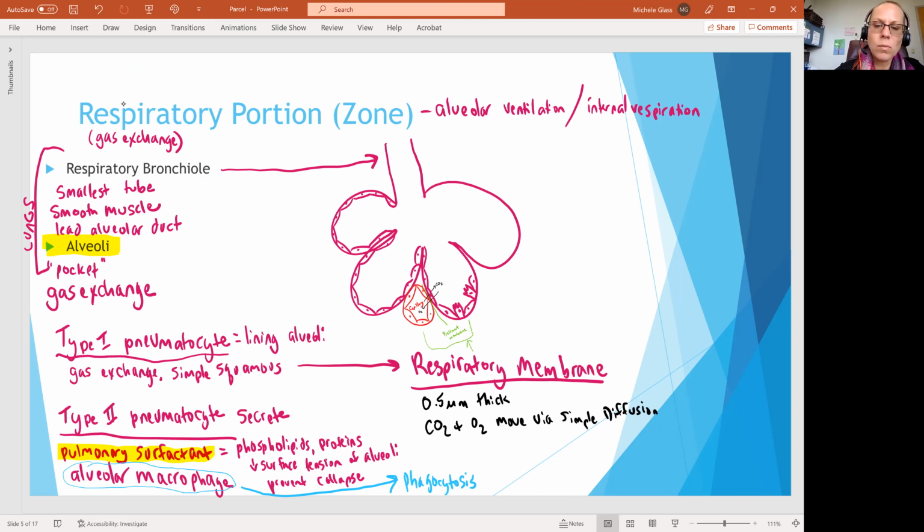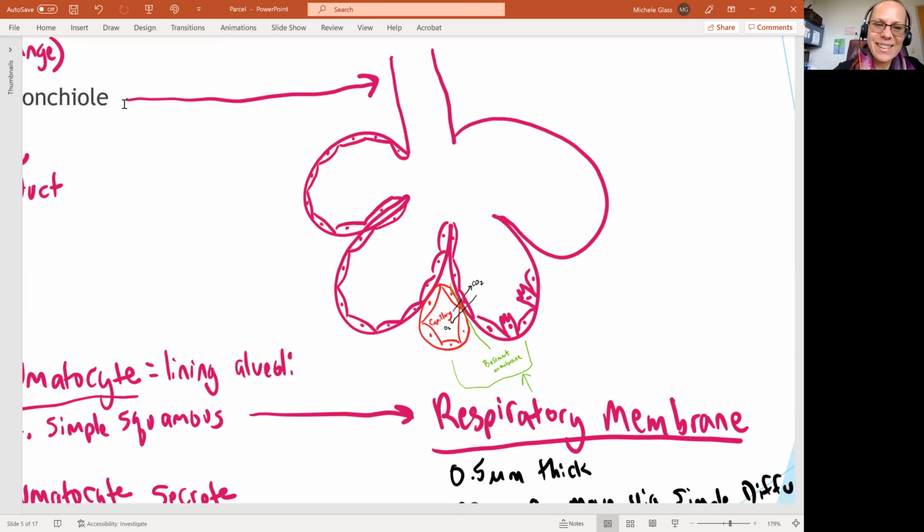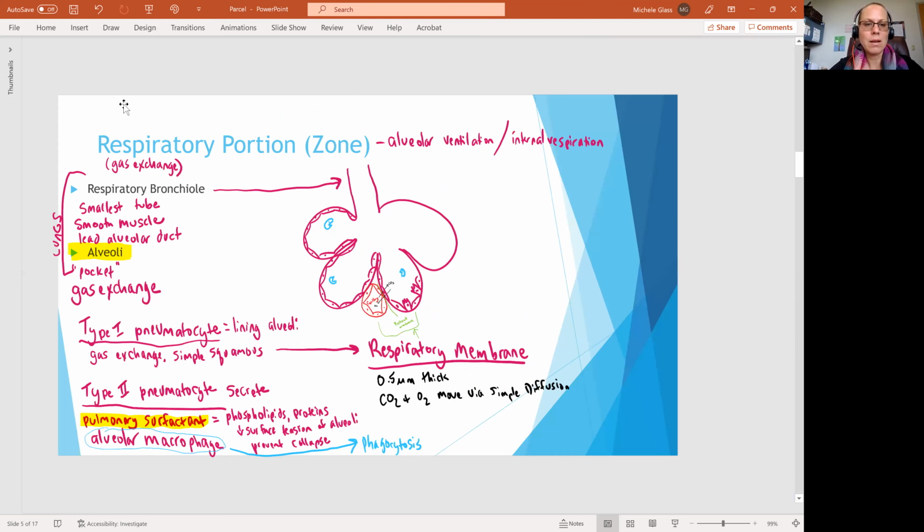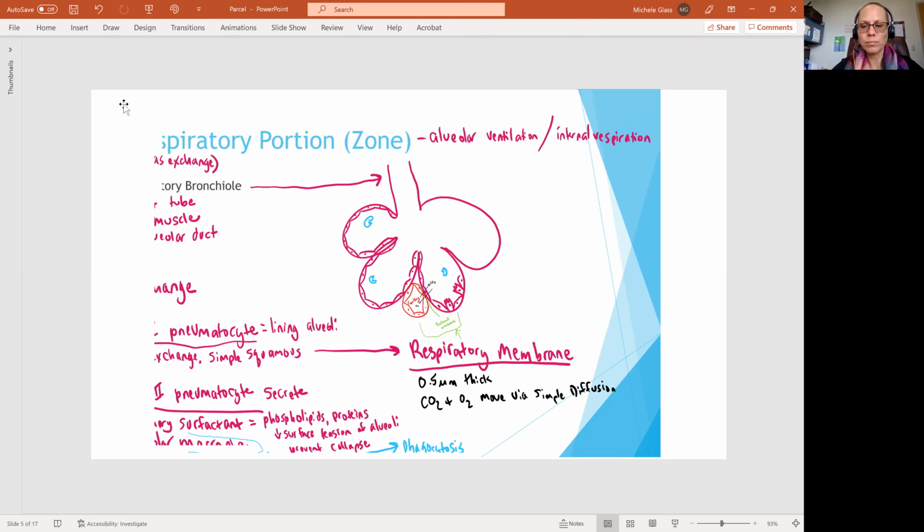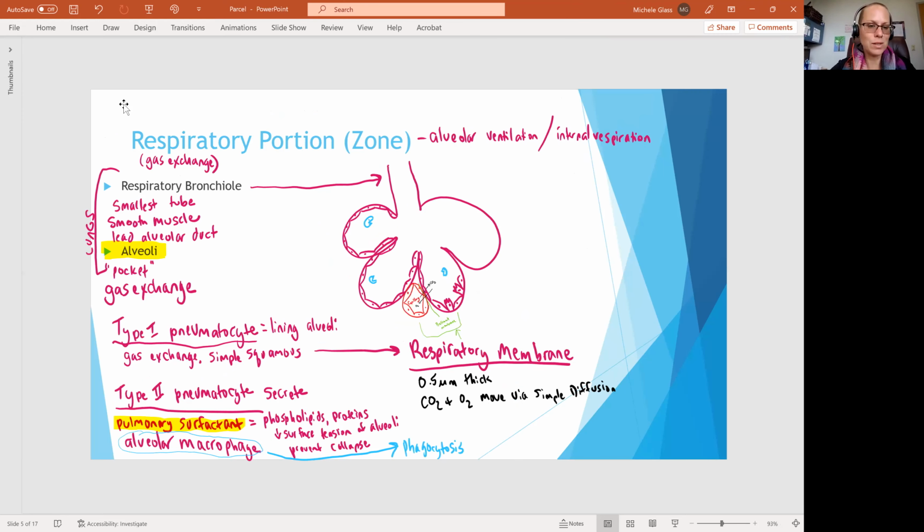So again, here we have at the ready, I'm going to draw in some macrophage and I'm going to make them look like little Pac-Mans to show they're here ready to engulf any sort of pathogen that has gotten to this point. So of course that's important also in terms of our innate immune response.